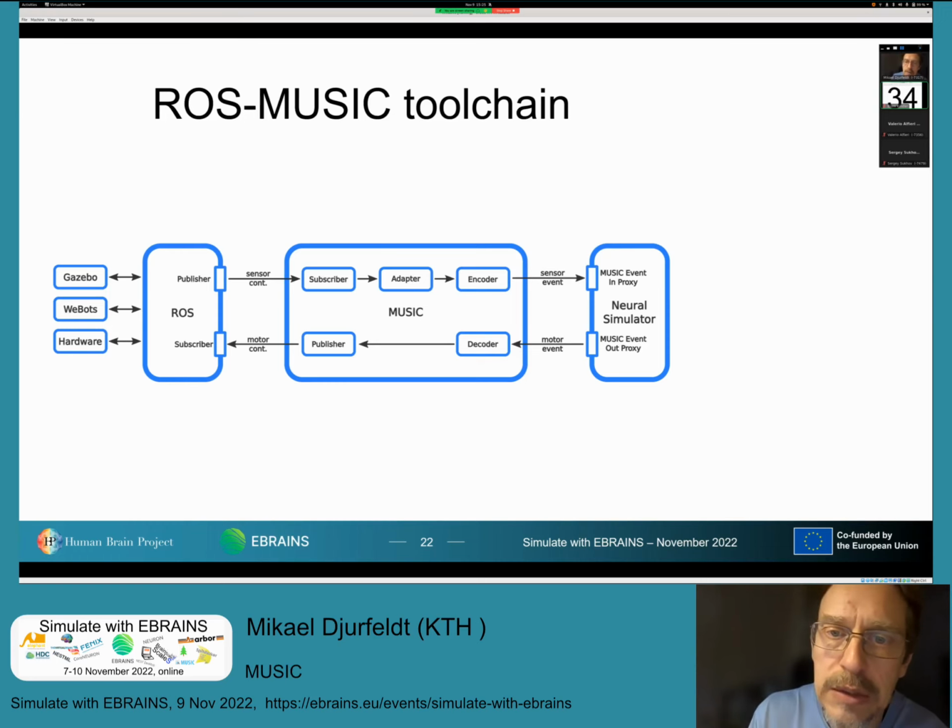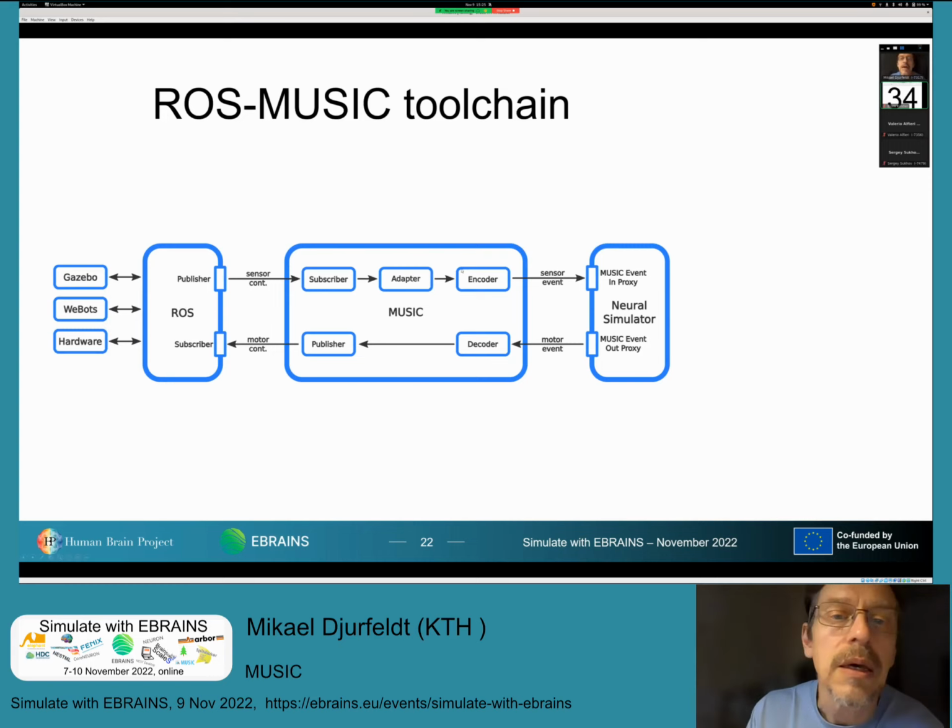So we have one output adapter and one input adapter. One application can receive music spikes and send them via UDP to Spinnaker, and another application can receive spikes via UDP from Spinnaker and put them into the music world.